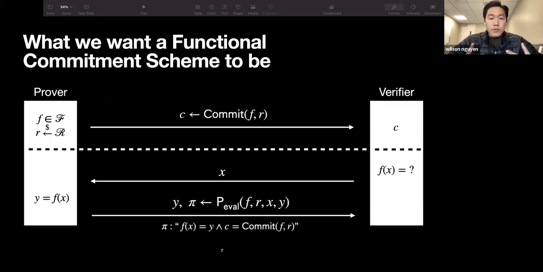So you can think of this proof, pi, as a proof that the function coinciding with the commitment, when evaluated on X, is equal to Y, and that it knows some randomness and the function such that C coincides with that function combined with that randomness. And then the verifier, using the commitment, the input X, the Y it received from the prover, and the proof pi, is able to check the proof and decide whether it accepts it or not.